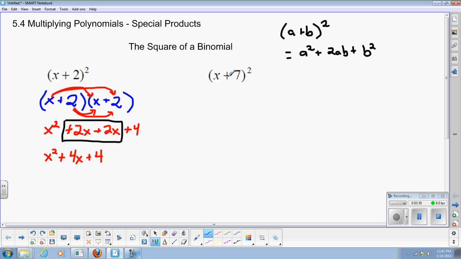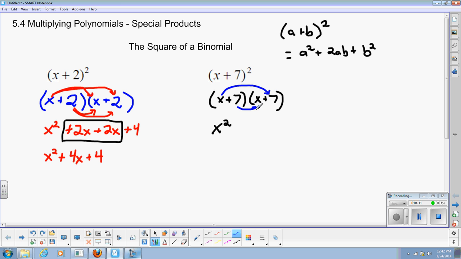So let's look at another, x plus 7 squared. All right, if I have this, I now have x plus 7 times x plus 7. Trying to use this pattern up here, I do x times x, that gives me x squared. Now I have 2 of a times b. If I was to actually write this out the long way, I would be doing an x times a 7, and then a 7 times x.